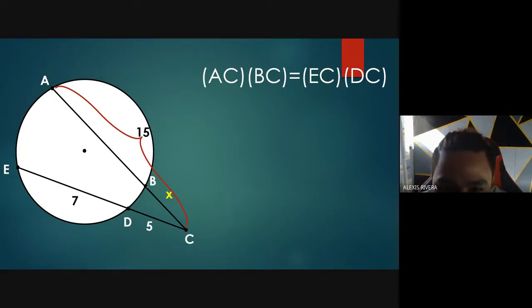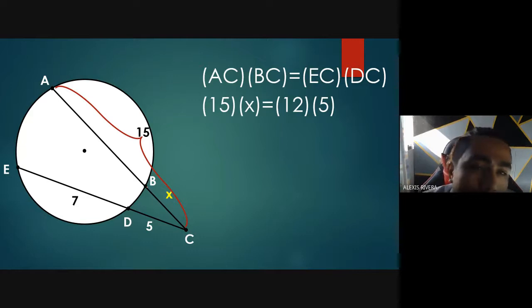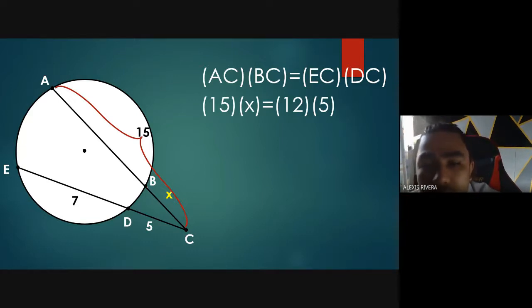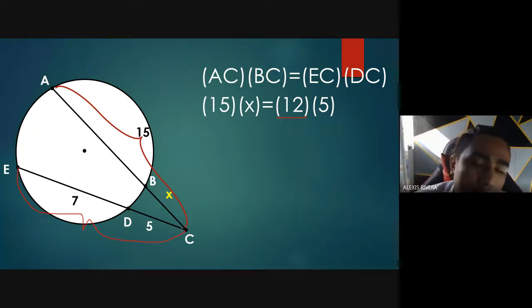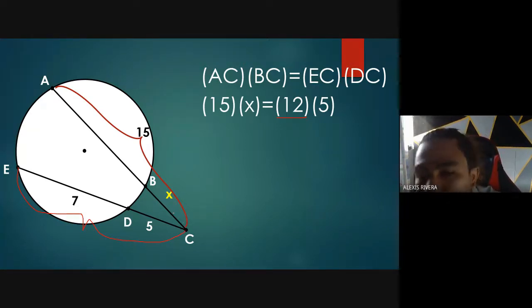Now, substitute 15 for AC, X for BC, and EC is equal to 12. So as you can see, this is 12. Kasi ang pinag-uusapan natin, kabuuan. So meaning, kung di given yung kabuuan, i-add lang natin yung dalawa. So that is 12.